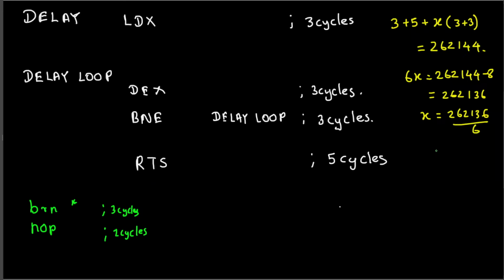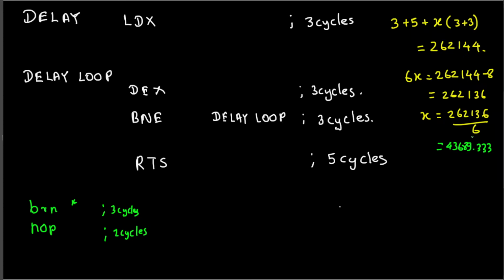So let's go ahead and divide this one and see what we get. I use my calculator. 262,136 divided by 6 gave me a fraction value, that is 43,689.3333. So we cannot apply this number because we are getting a fraction.